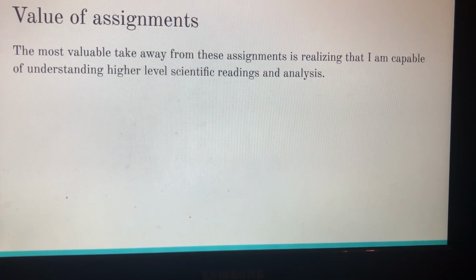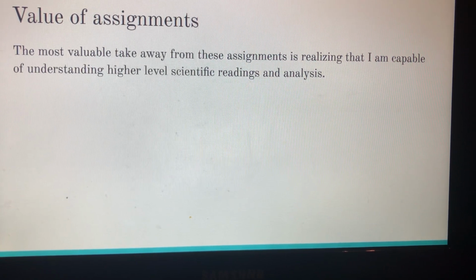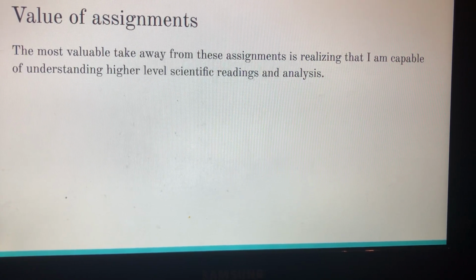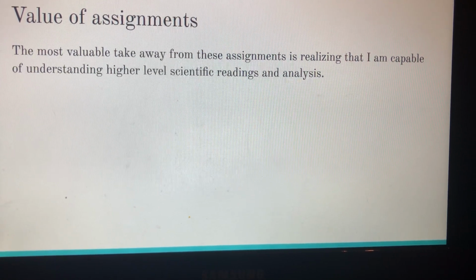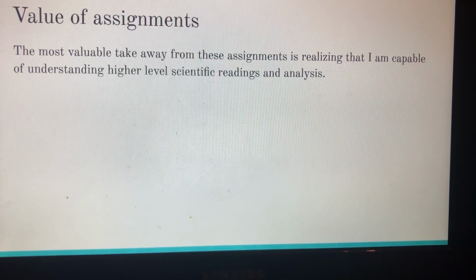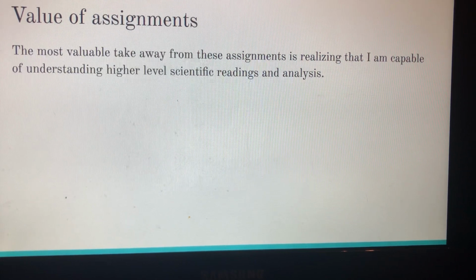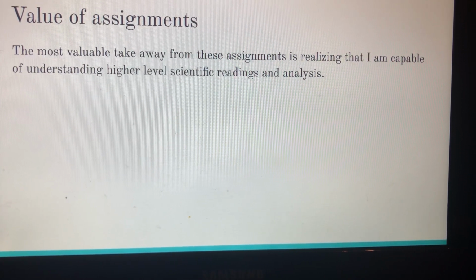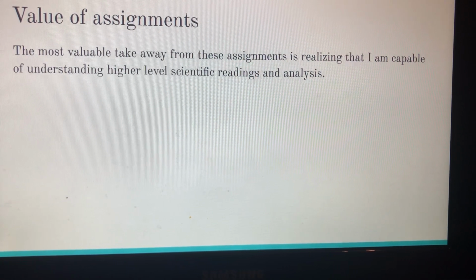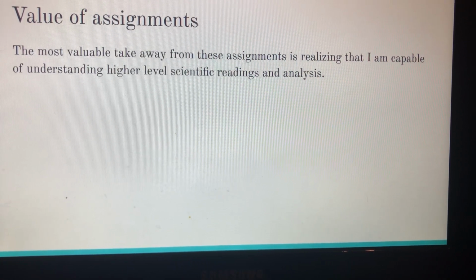So when we started reading these readings, I didn't realize that I would be able to read them so easily and actually understand what I was reading.